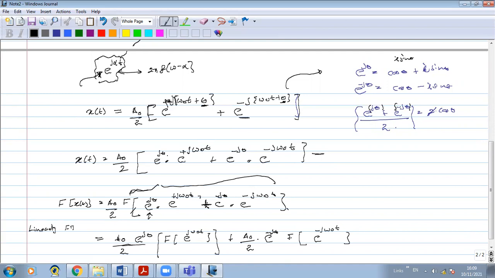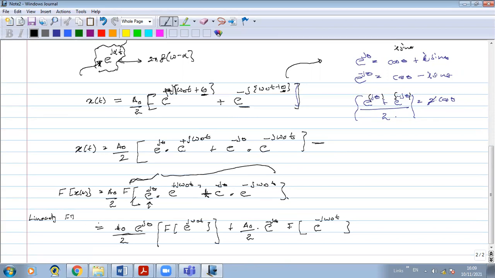Then I will apply the Fourier transform to all this expression. Using the linear property, I separately write the Fourier transform of each of these terms.